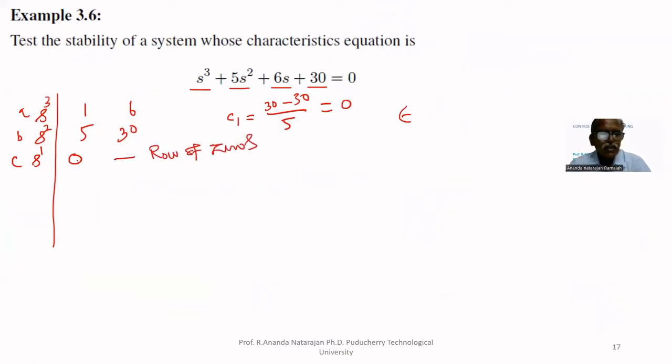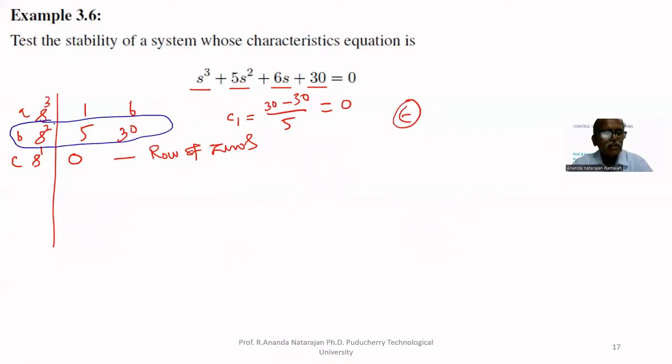Even though it is one element, the first column element is 0. So the rule is we have to replace it by epsilon. But if it is S power 1, we have to consider it as a row of zeros. In that case, to form S power 1, we have to consider the S square row.